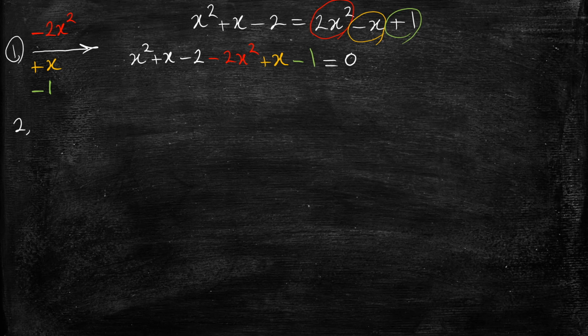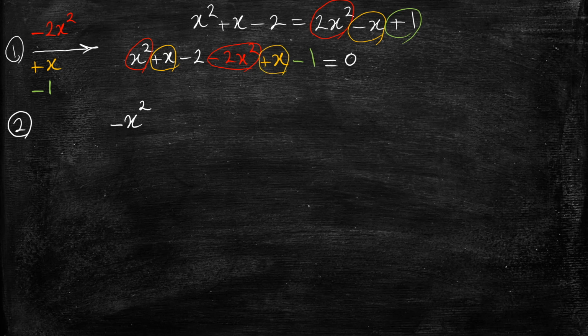Now step 2, combine terms. Things of the same nature, combine. The unknown to the power of 2, we have x squared, we have negative 2x squared. So when they combine, they result in negative x squared. Unknown to the power of 1, we have positive x and then another positive x.